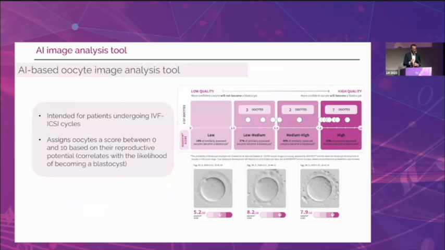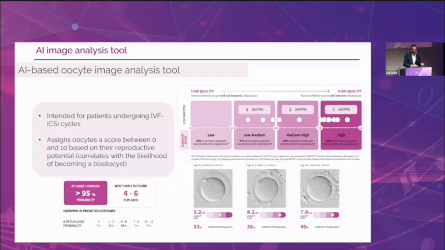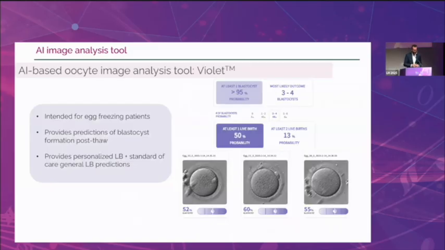Okay, so we have two types of report. We have reports that are related with the quality of each oocyte individually, and we have a report of the quality of the cohort. This score can be related with the possibilities of that oocyte to become euploid, but going to more simple, the possibilities to fertilize or to have an ongoing embryo going to a blastocyst.